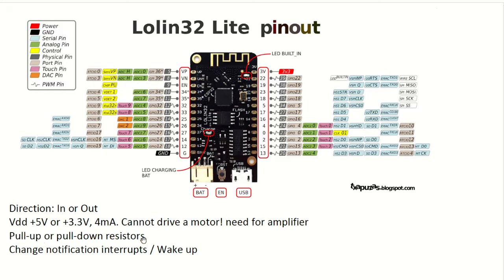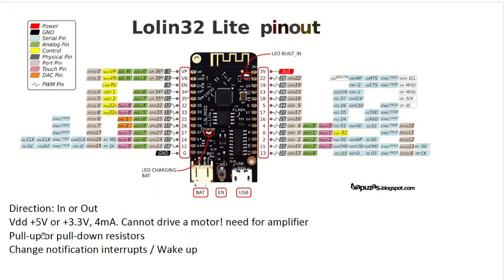A pull-up resistor connects this input to plus VDD. So when there is nothing connected, the voltage of this input pin is linked to 3.3 volts. And then with a switch or a push button, you can force it to 0.